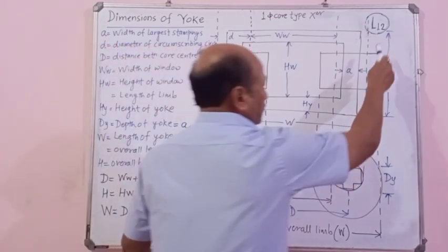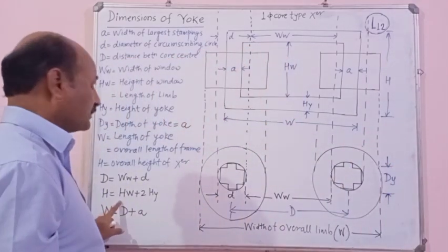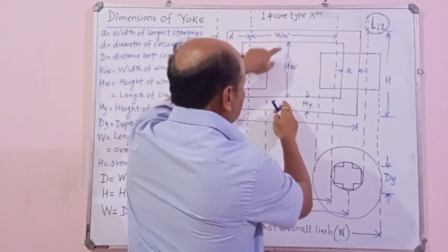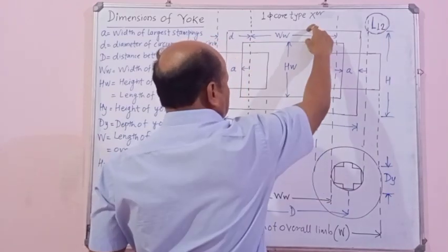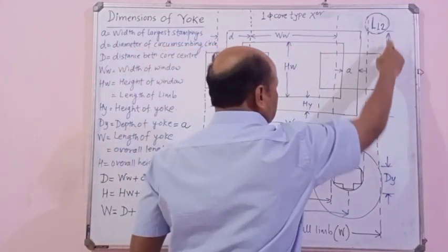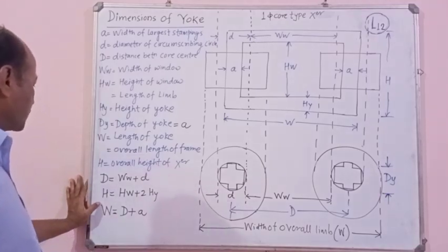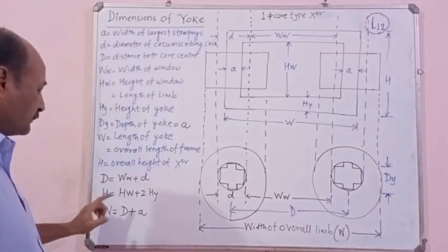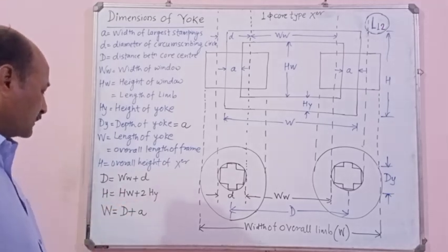So H equals Hw plus Hy plus Hy, that is, Hw plus 2Hy. Capital H is the overall height of the transformer.